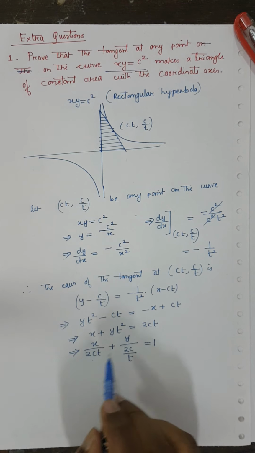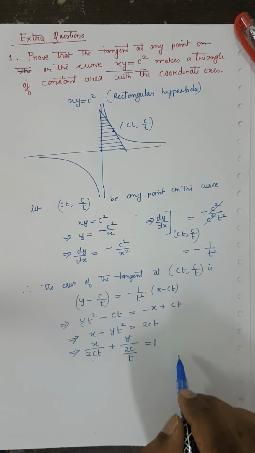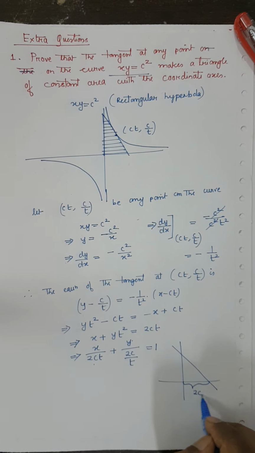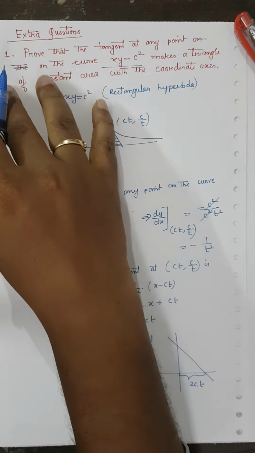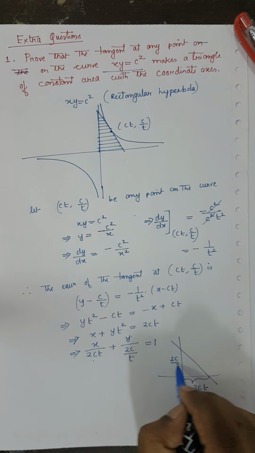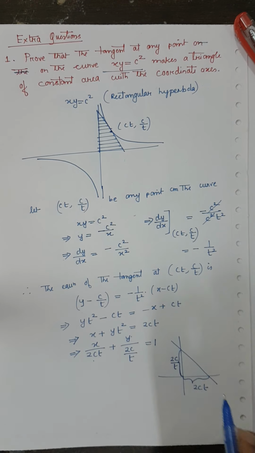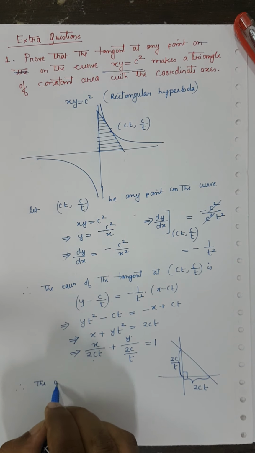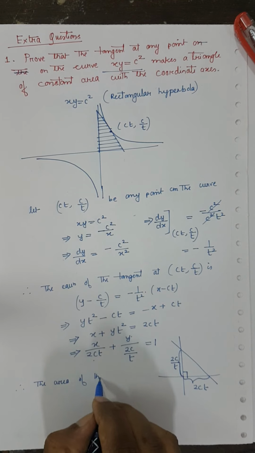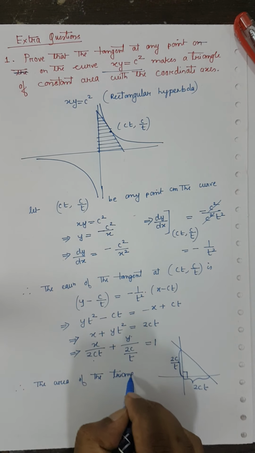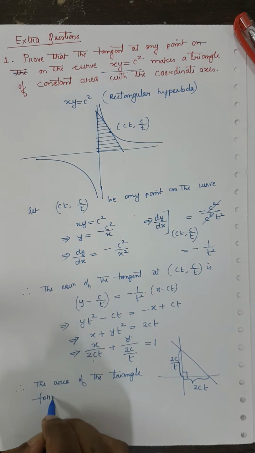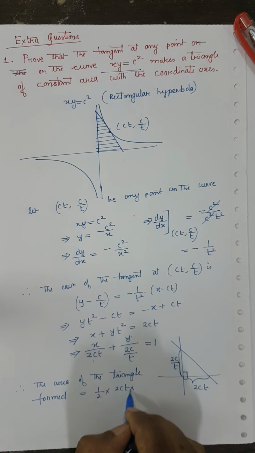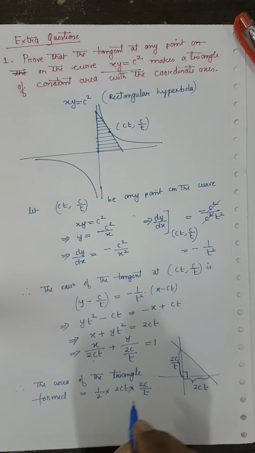Now see, x/a + y/b = 1. The tangent makes intercept of length 2ct on the x-axis and 2c/t on the y-axis. So the area of this right triangle formed is equal to half into 2ct into 2c/t.